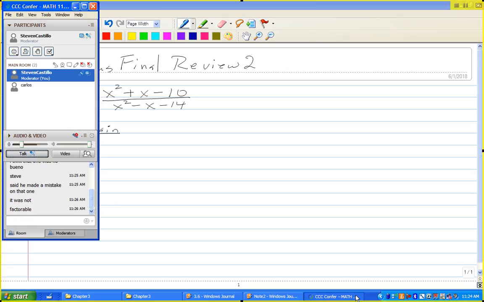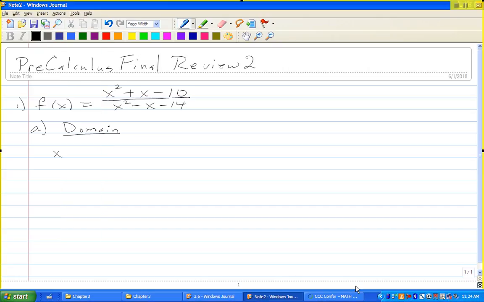It is not factorable. So I could change it to something that is factorable if you wish. Okay, yeah, so I'll just change this to say a 7 and a 2, so that makes this a 5, a 7, a 5 and a 2.